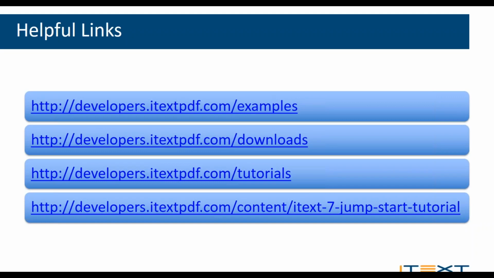It covers how to convert from iText 5 to iText 7, since iText 7 is our newest product, as well as, if you have never used iText before, you can click on that and see how iText 7 is fitted for your needs. So right now, I'm going to go ahead and answer everyone's questions.